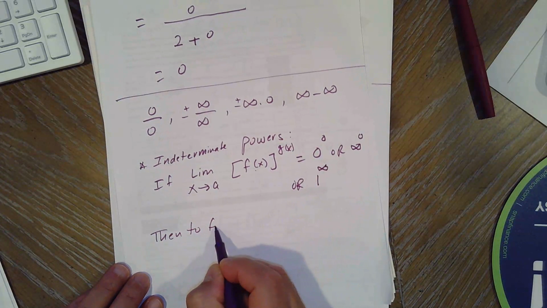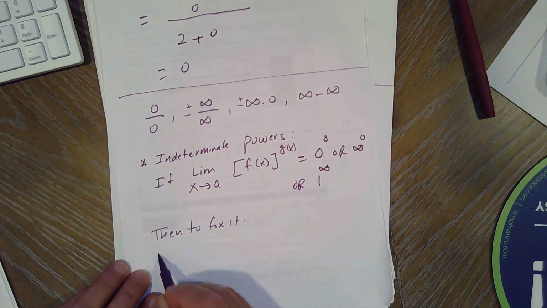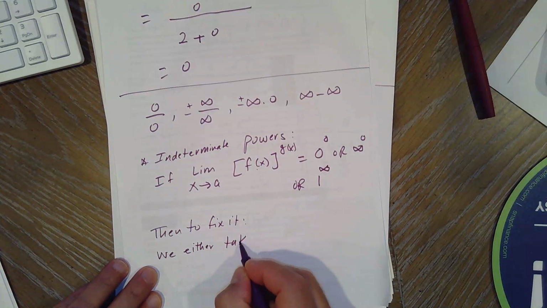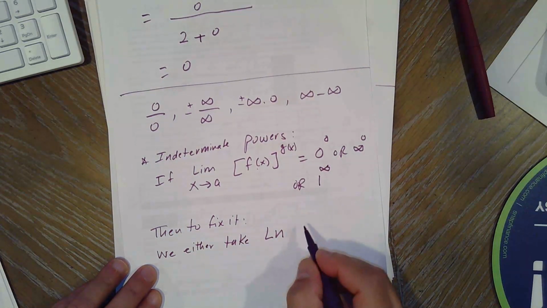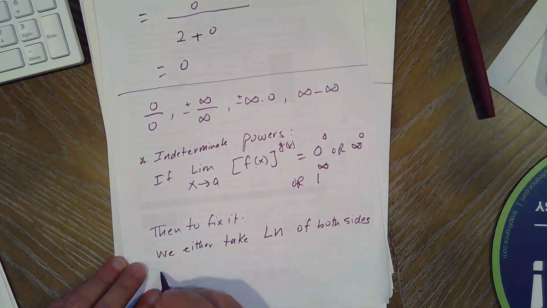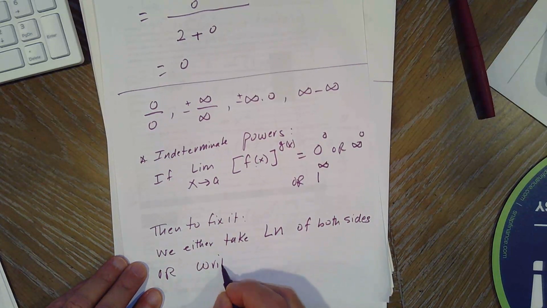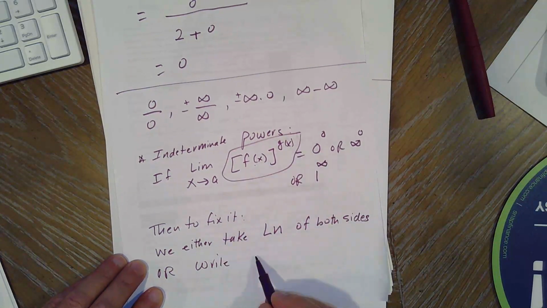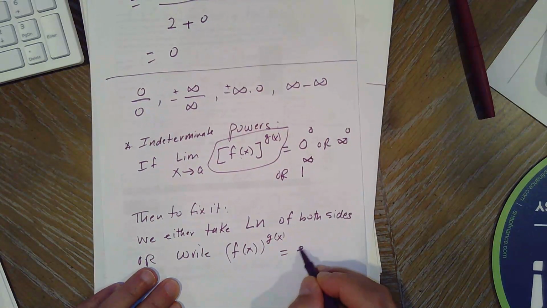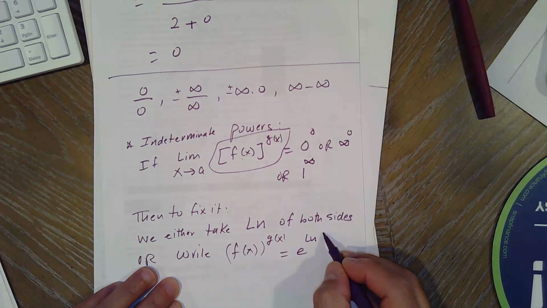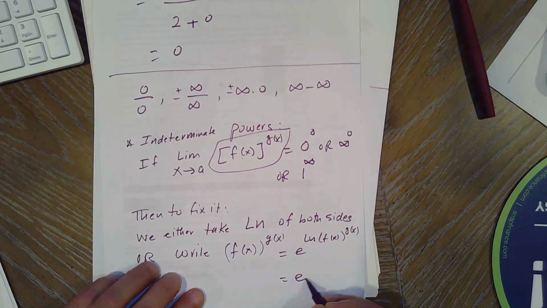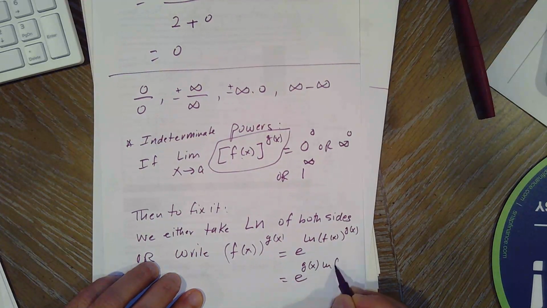To fix it, we either take the ln, okay, remember ln of both sides, or sometimes write that expression, f of x to the power g of x, as e to the ln of f of x to the g of x, which would be e to the g of x ln of f of x.